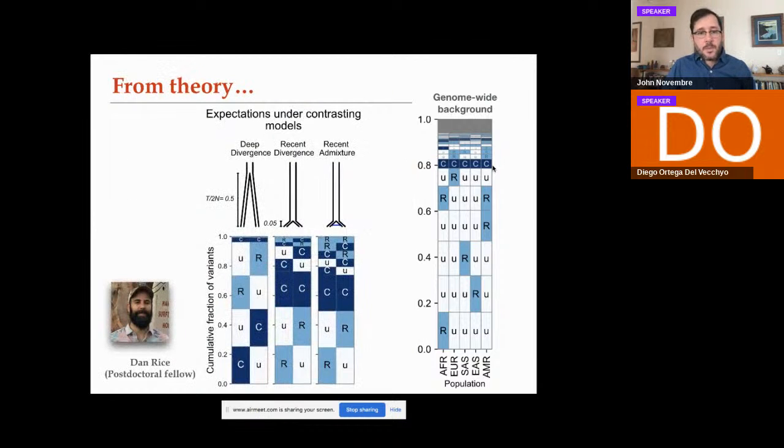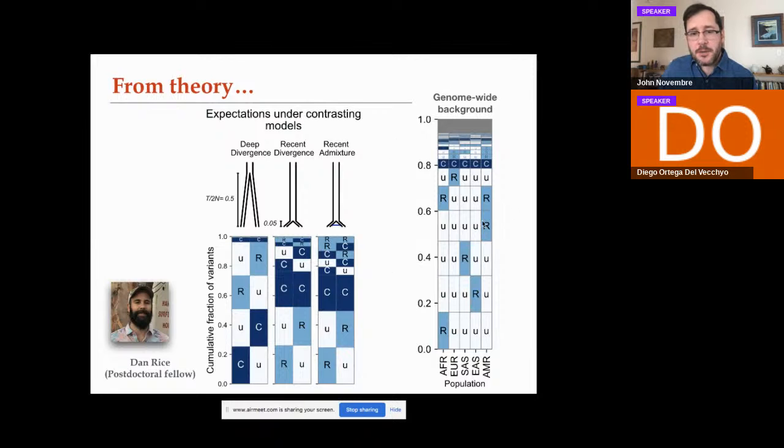Okay. Dan Rice, a postdoc in the group, looked at this more formally in theoretical models with 2 populations with divergence and admixture. If you have a deep divergence, on the scale of the divergence time in generations being about half of the pairwise coalescent time, or 2N, you would see a large fraction of variants that are common in one population and absent in the other.